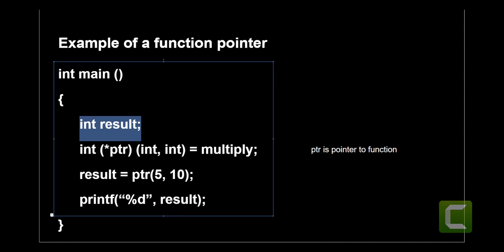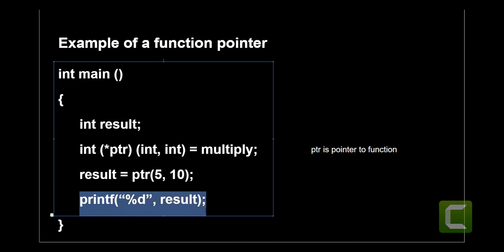And at last, it will print the result, which is 50. So function pointers are very useful because we don't have to have the entire body of the function in our code. We simply need to reference it for us to be able to do whatever it is that we want to do.